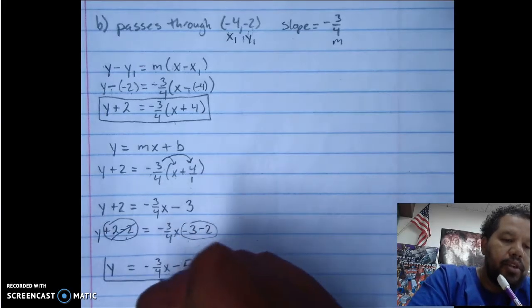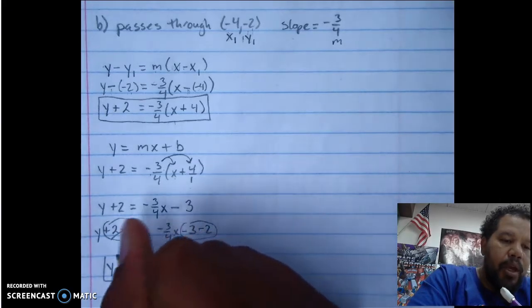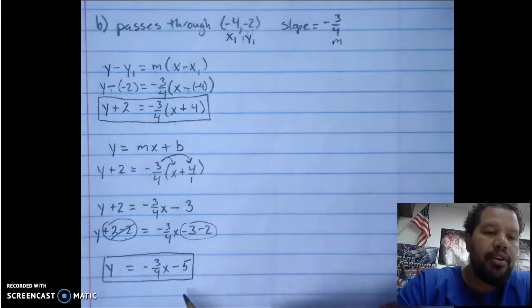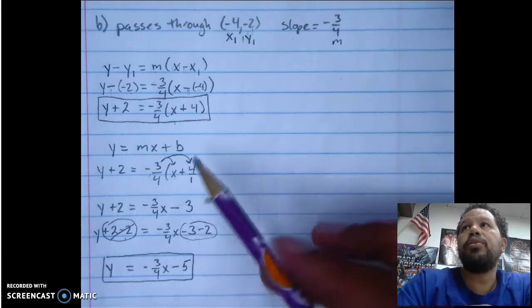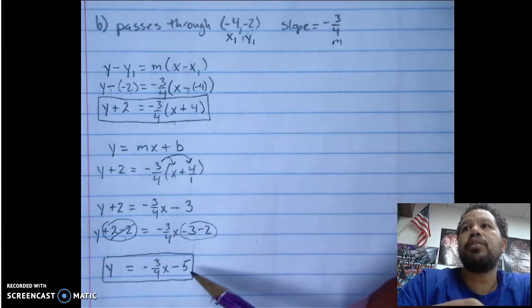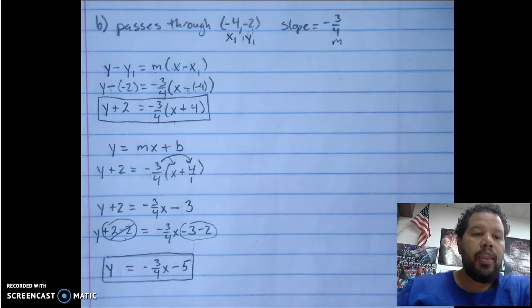So here is the equation. It's the same equation, just written in a different form. So this is my slope-intercept form. So we get two answers, the point slope form and the slope-intercept form. And we're done.